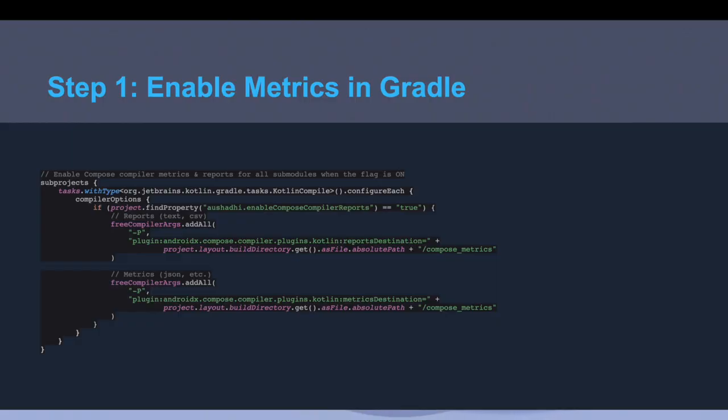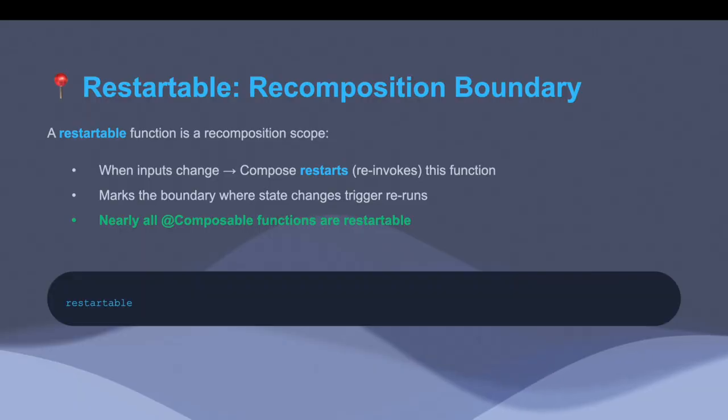Cool. So now we have seen how this particular code snippet works and how it helps us create the metrics report to see our composable performance. Now, what is restartable, that I will talk about here.